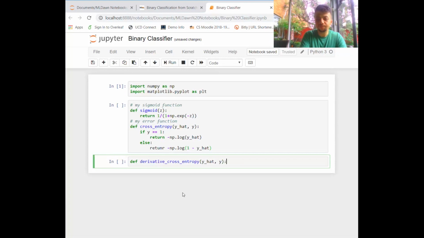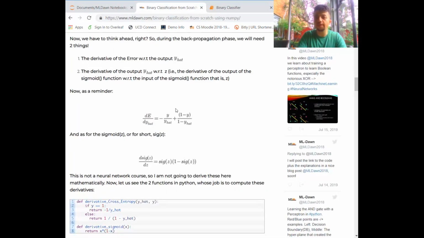Now, if you notice in this formula, you can consider two cases: if y is equal to 1 and if y is equal to 0. Depending on the value of y, one term will survive and the other term will cancel out. So if y is 1, we'll get minus 1 over y hat.